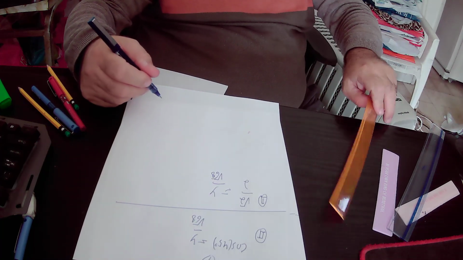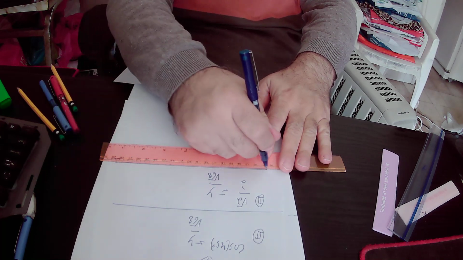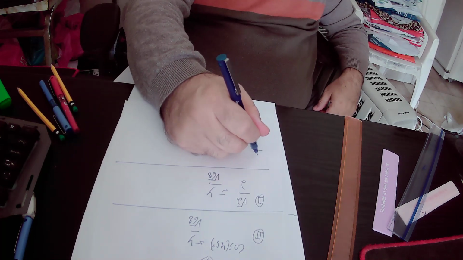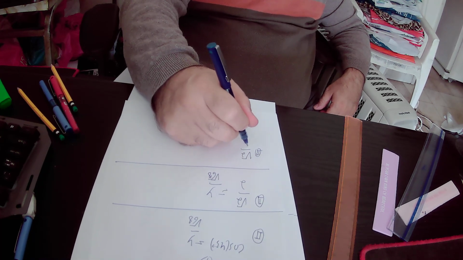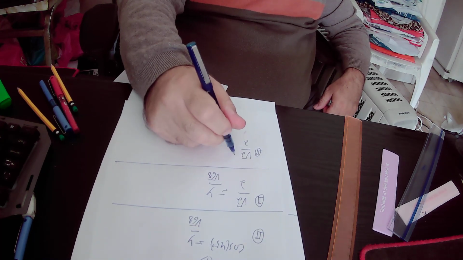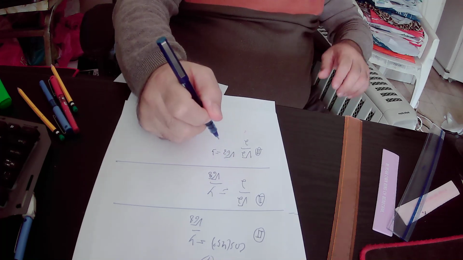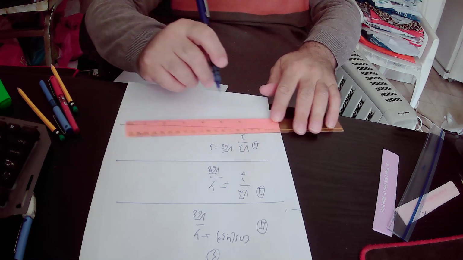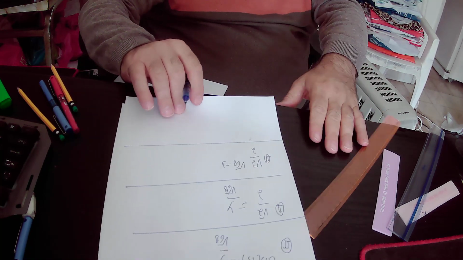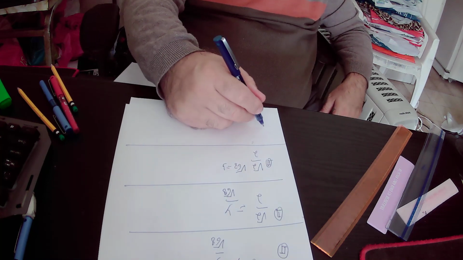Here we will multiply equation number 2 by square root of 68. And we will get that square root of 2 over 2 times square root of 68 equals Y. We know that 68 equals 32 times 2, so I write it down.